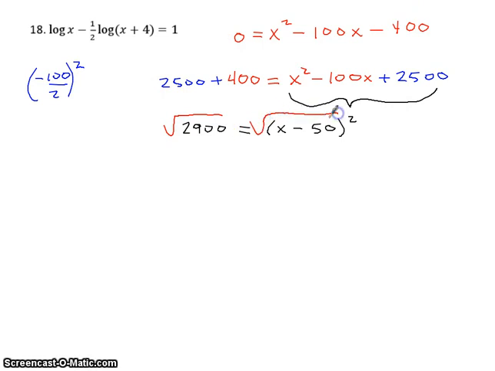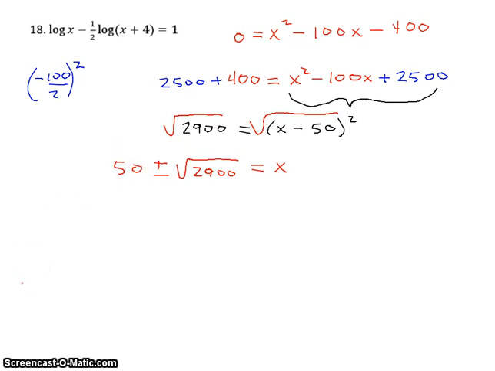Okay, so now we have a situation in which we can take the square root of both sides to pull the x outside to isolate that x. And so we're going to end up with x equals plus and minus the square root of 2900, and we have a plus 50 here. Okay.